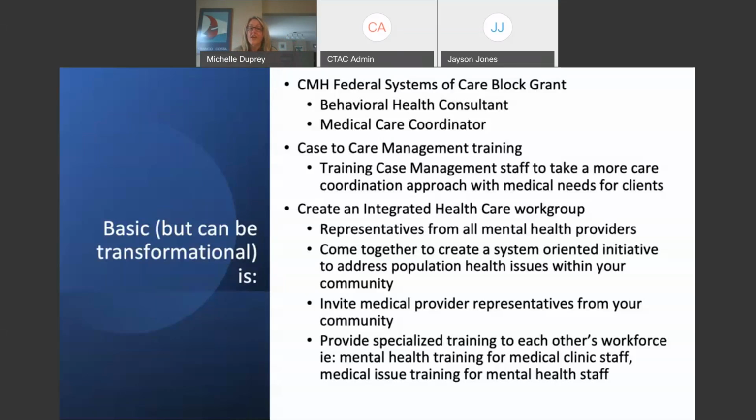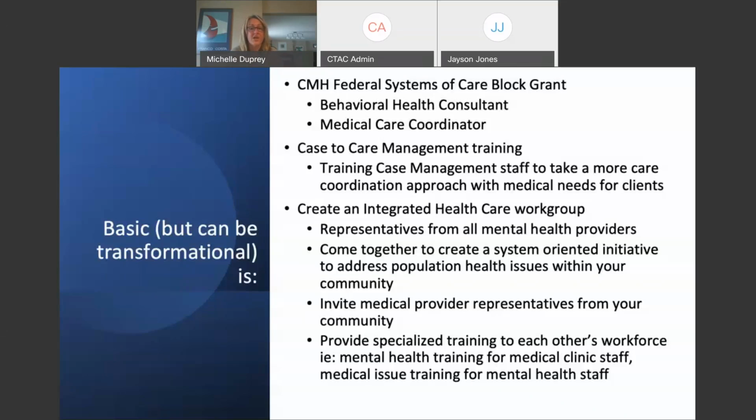So moving a little bit from case management to care management, and that is kind of a retraining to try to help staff get that knowledge and that skill level to take that care coordination approach, especially for medical needs. And so this is a training that's been offered for a couple of years.